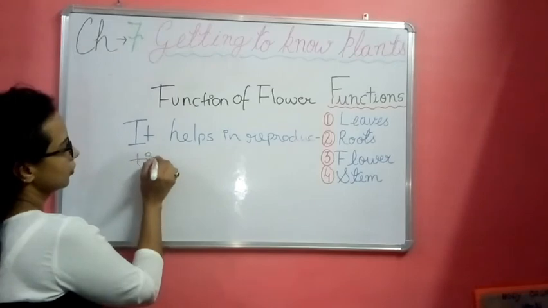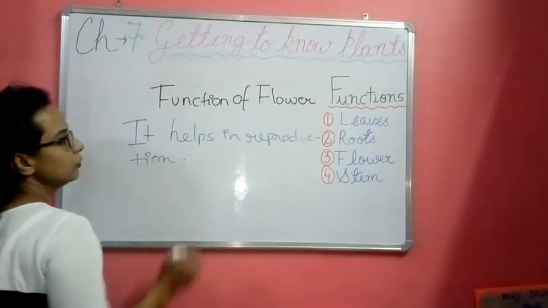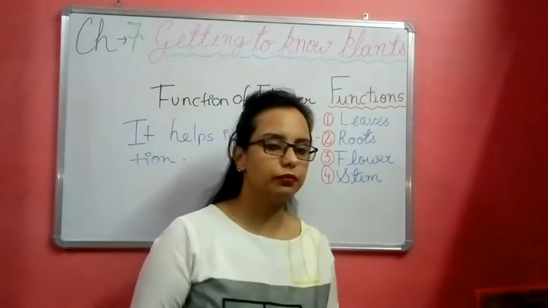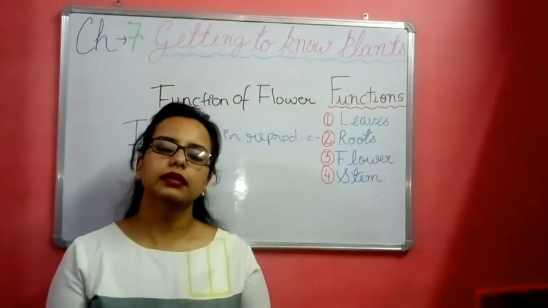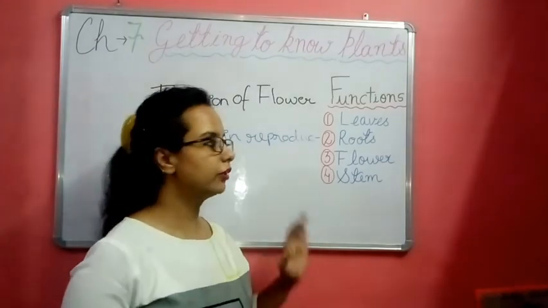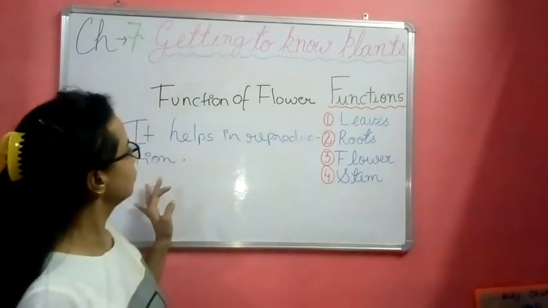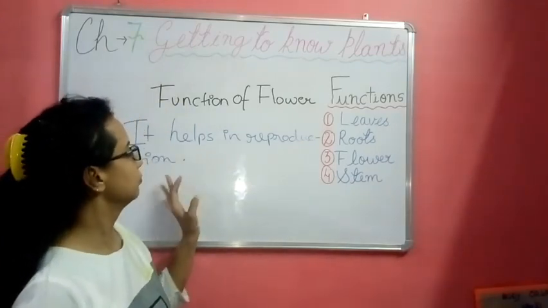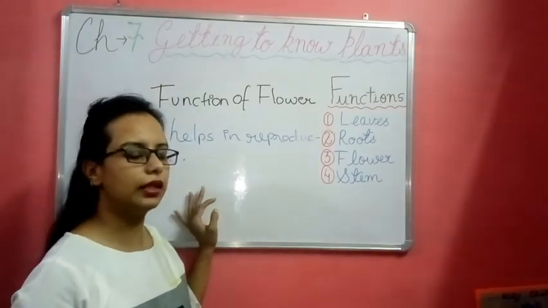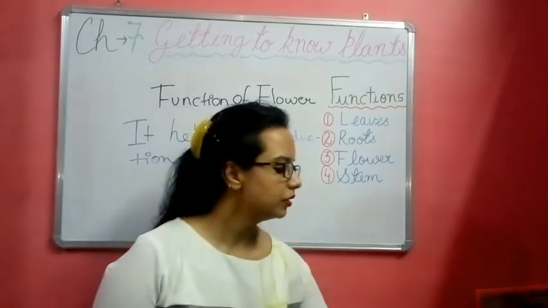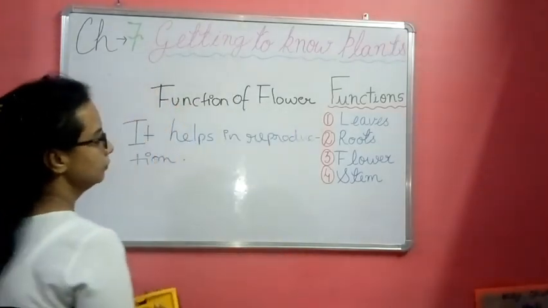Okay, in pollination, the flower helps in that. Okay, so the function of the flower, it helps in the reproduction, okay, and in the pollination. So this is the function of the flower.